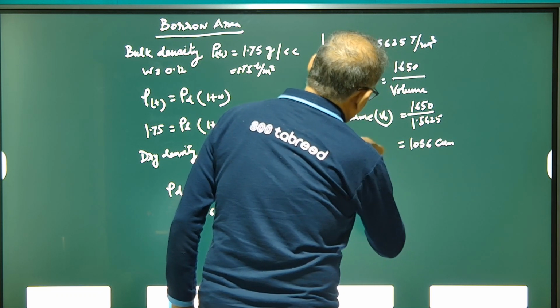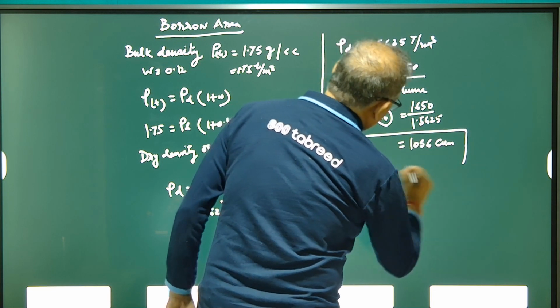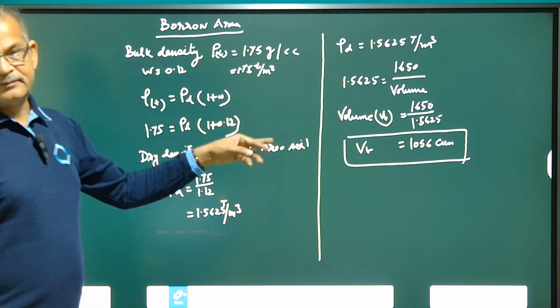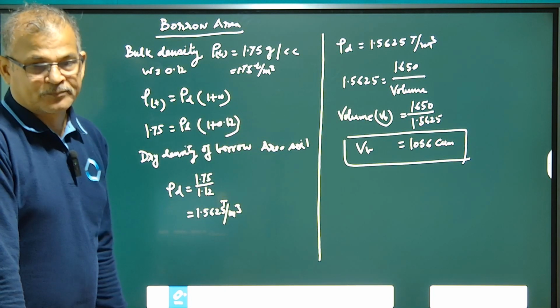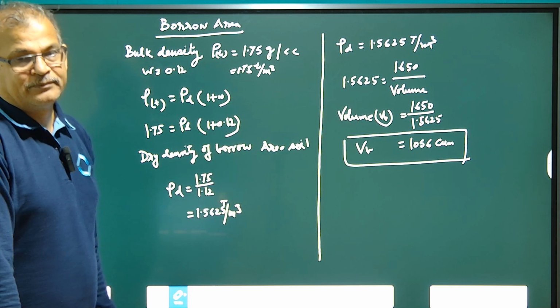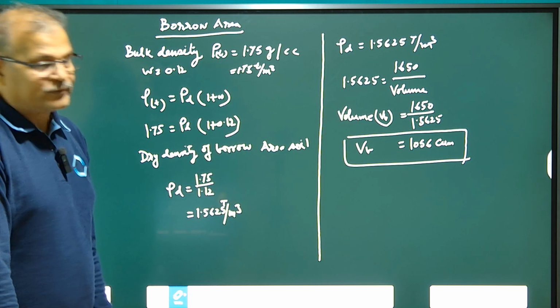The volume to be brought from the borrow area is 1056 cubic meter, whose bulk density was 1.75, to make dry density of 1.65 to construct 1000 cubic meter of embankment.